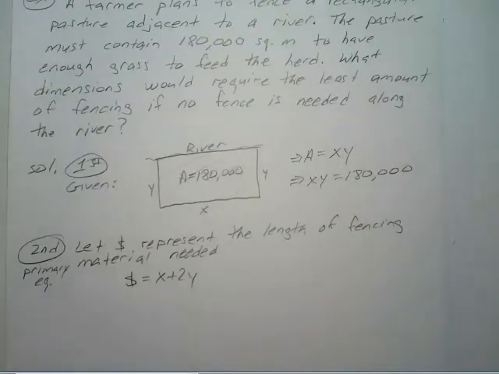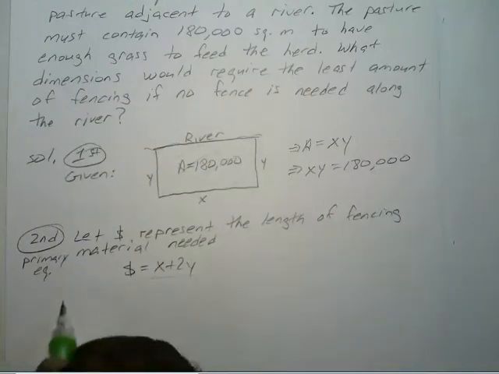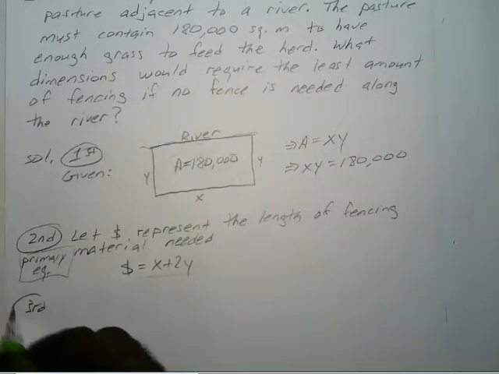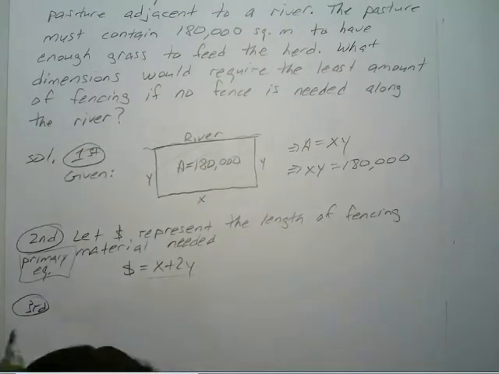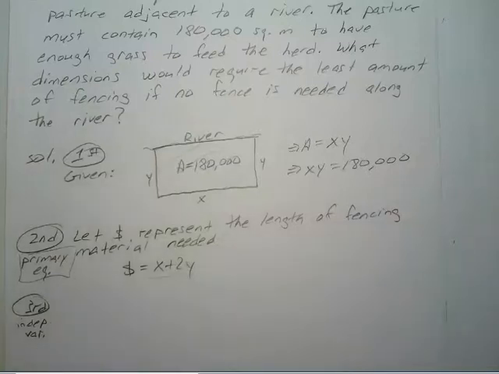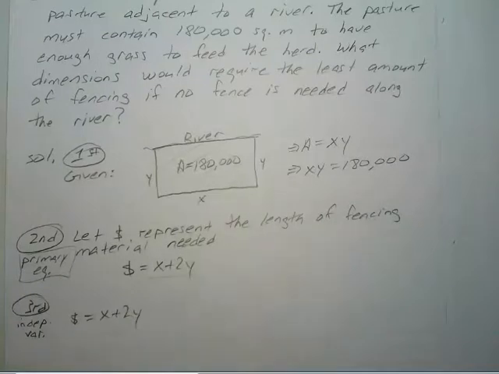So we go to our third step and we find our independent variable, because you still have your x and your y as your independent variables. We only need one. So that means S equals x plus 2y.